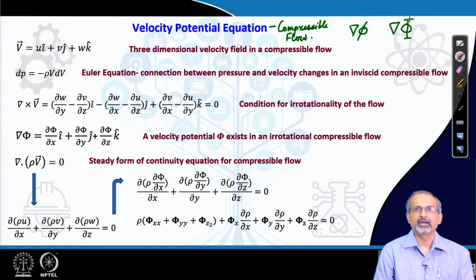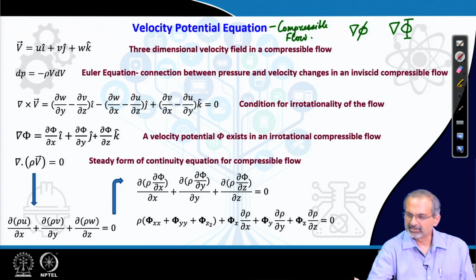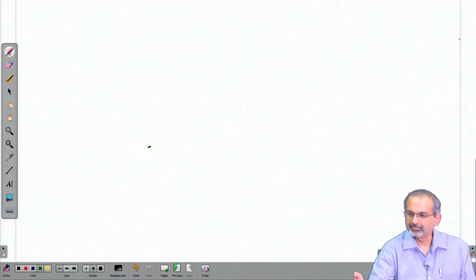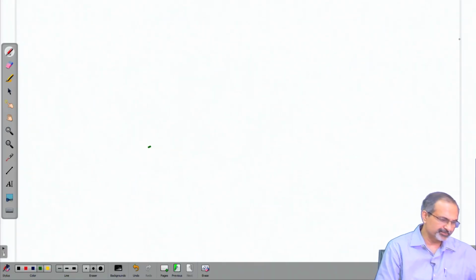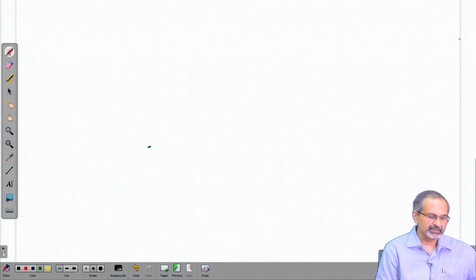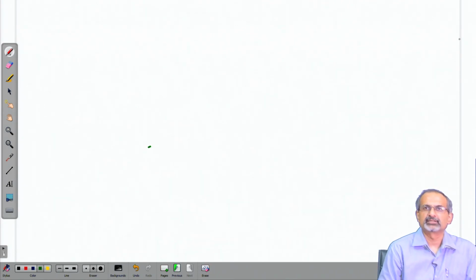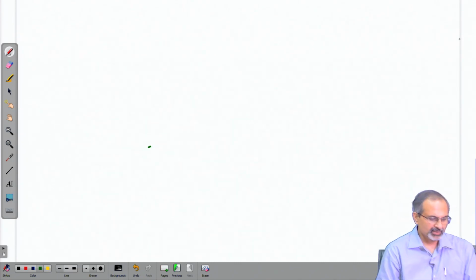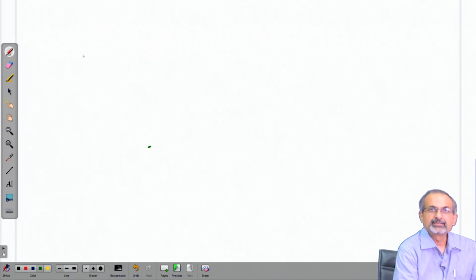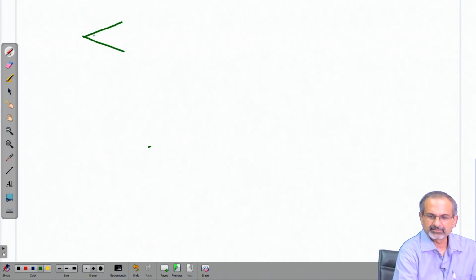Keeping that in mind, let us first discuss where the possible situations are in a compressible flow field where we can have irrotationality, and in what other instances we can have a rotational flow field. So, let us start by drawing a few sketches and showing some examples.